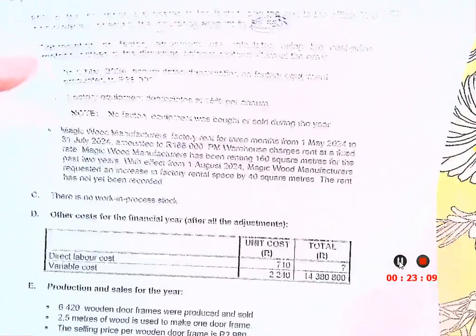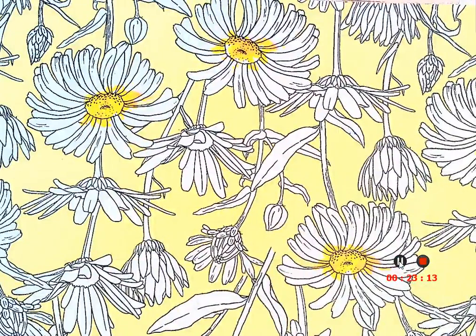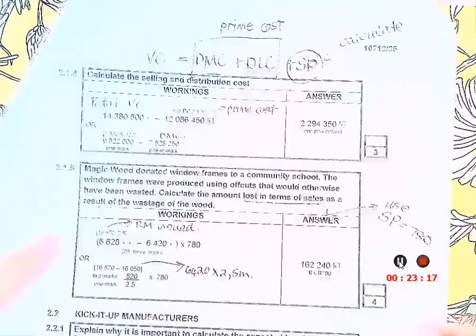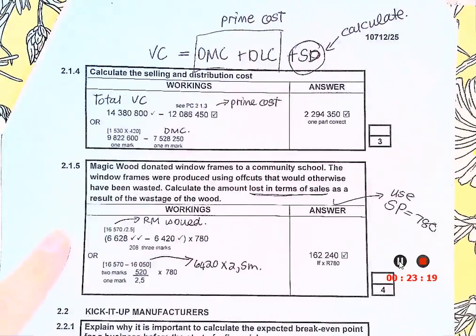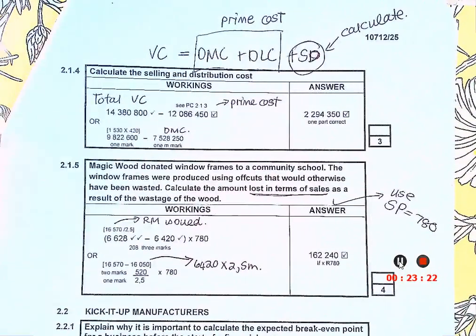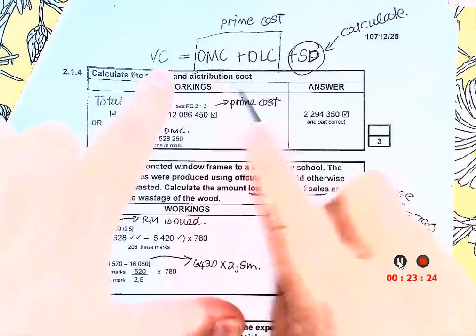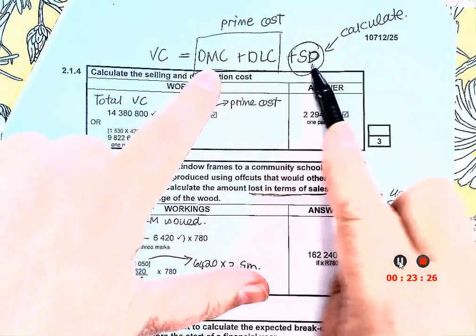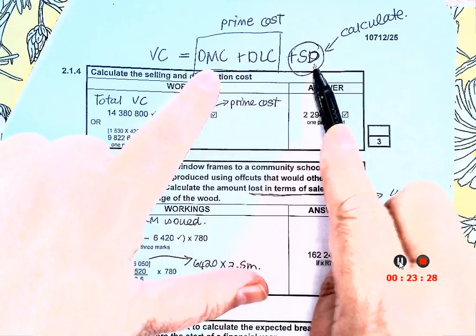The thing they want you to do is get confused with the selling price. Remember, selling and distribution cost is not your selling price. It's an expense. So remember, your variable cost is direct material, direct labor, selling and distribution.